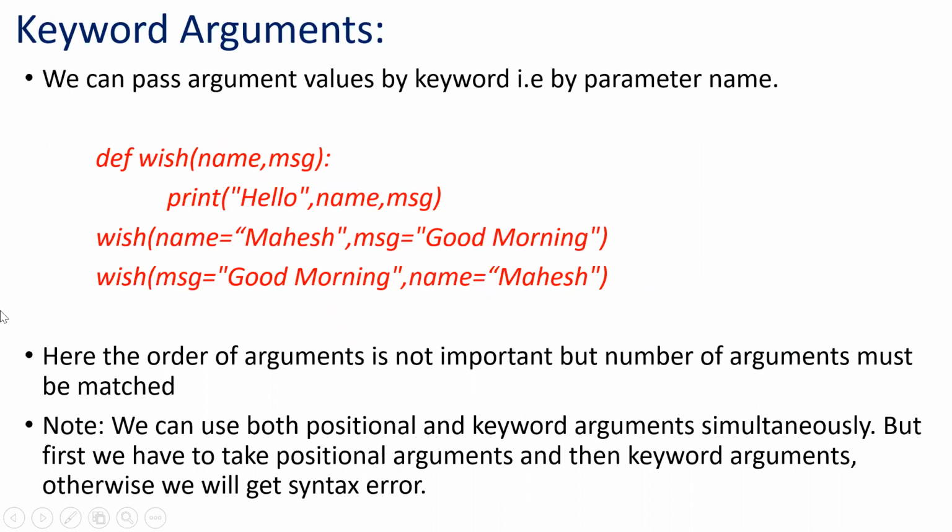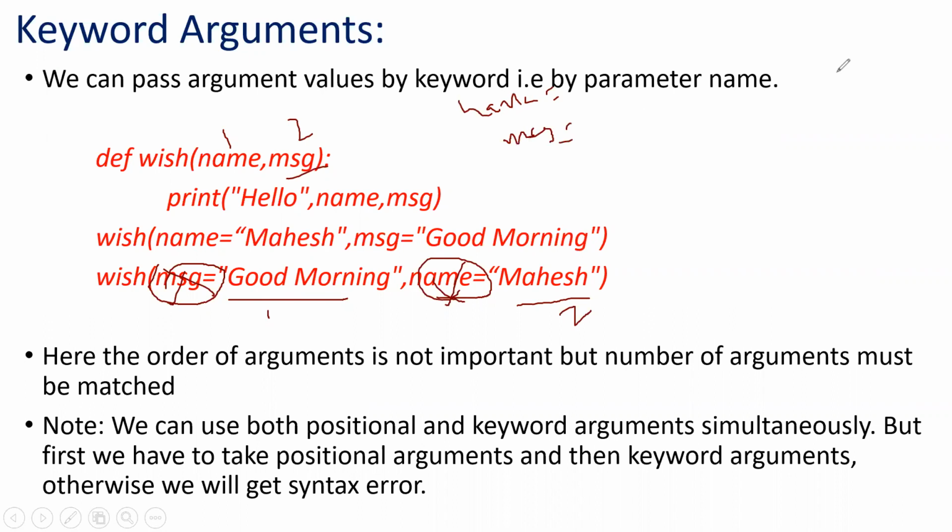So once again, I'm repeating, if you are not using keyword and not assigning this one also, simply it takes as positional argument. So this is the first position, this is the second position. So name equal to good morning, message equal to Mahesh. Okay.